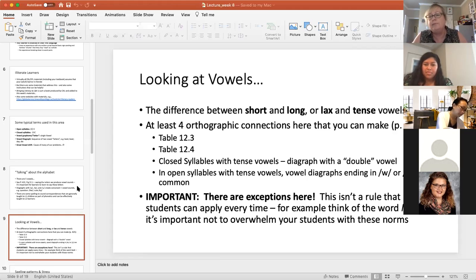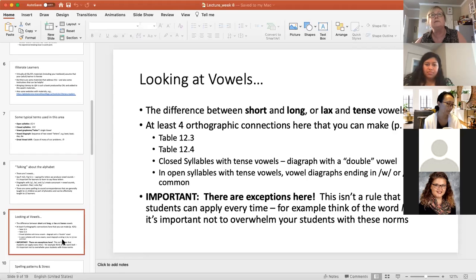So it's important not to overwhelm your students, to use it as it comes up, as you're working with them and as they come up with questions about, you know, when is it EA, when is it A on its own. Then those kinds of things can come up, and you can use some of these activities and some of these rules.